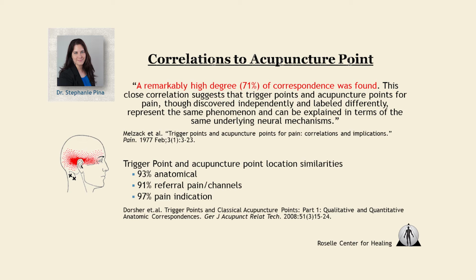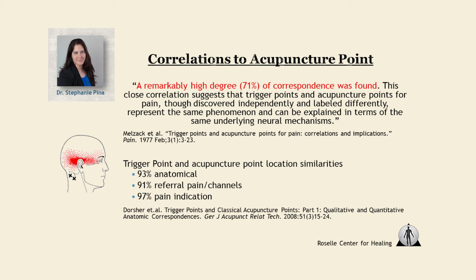However, even studies from the 1970s have shown that there was a remarkably high degree of correspondence found between trigger points and acupuncture points, in fact 71%. They suggest that some of the same ideas of where an acupuncture point can relieve pain would also be at that trigger point site. So this is really good because in some places patients can pick out their own trigger points and tell you exactly where things hurt.